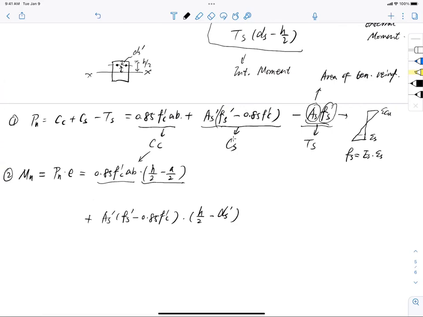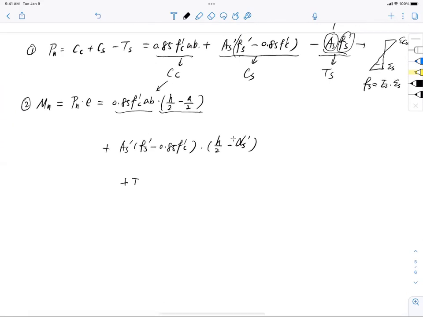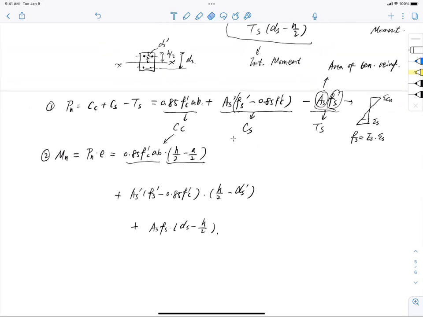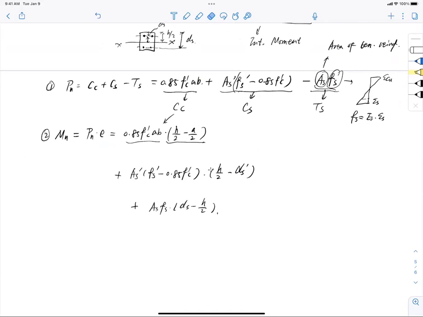Last but not least, you have the tension from the reinforcement, As fs, and the distance is ds minus half h. Ds is simply the depth of the tension side reinforcement. That is how we find the moment capacity for the column.